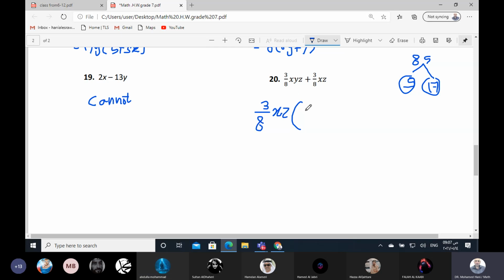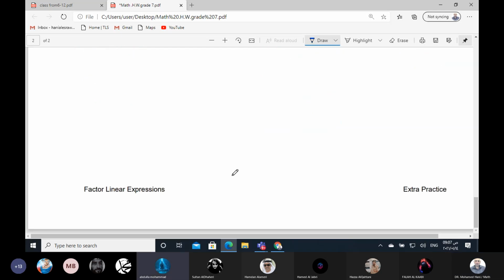What remains? Remains y. Plus 3 over 8xz divided by 3 over 8xz will be 1. Okay? Then we finish. So this lesson is easy, not hard.